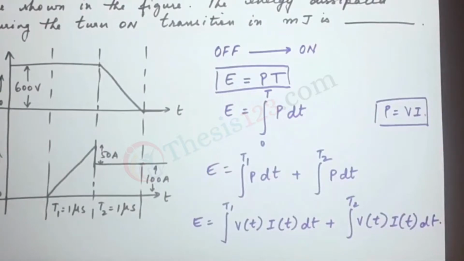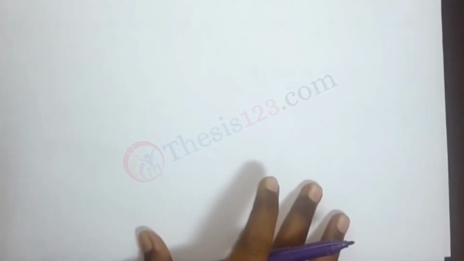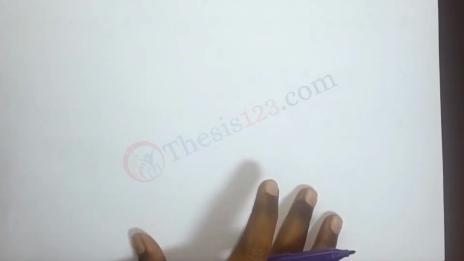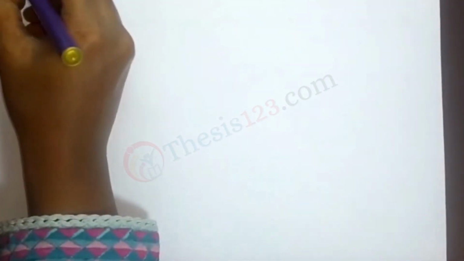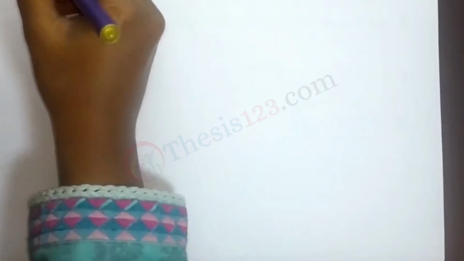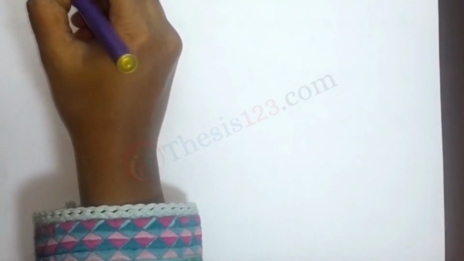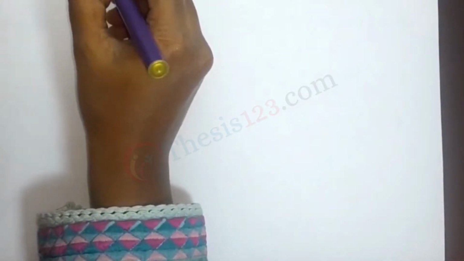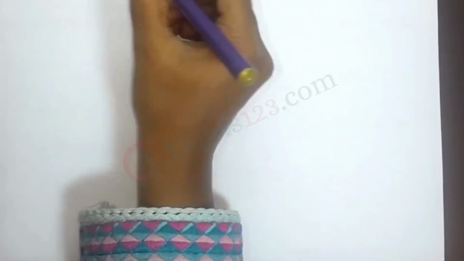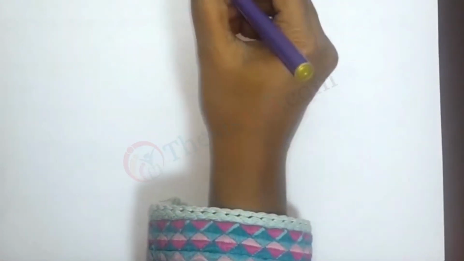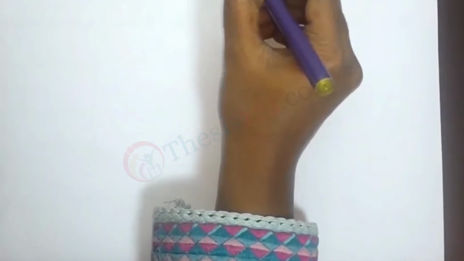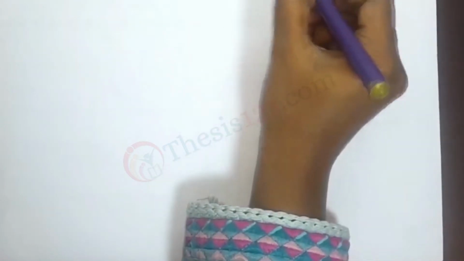Let me just grab another sheet of paper here and I'll work out the rest. Okay, so our energy equation is the integral over T1 of V of t, I of t, dt plus the integral over T2 of V of t, I of t, dt.